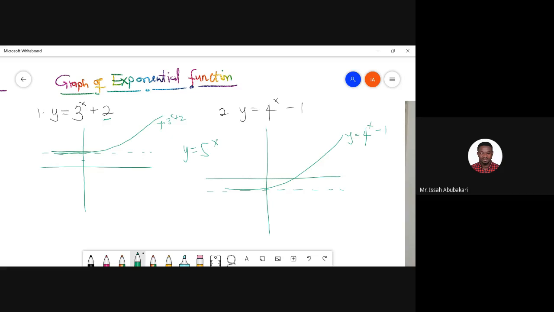At the end, the intersection point will be 0 and 1. Straightforward. But when it has a constant, then you have to plot the constant, whereby the curve will never come below the constant line that you've plotted.